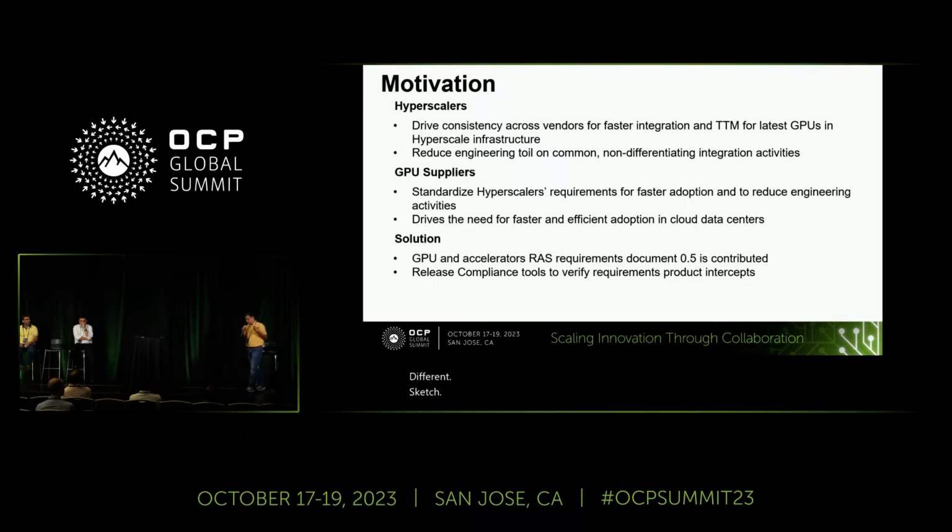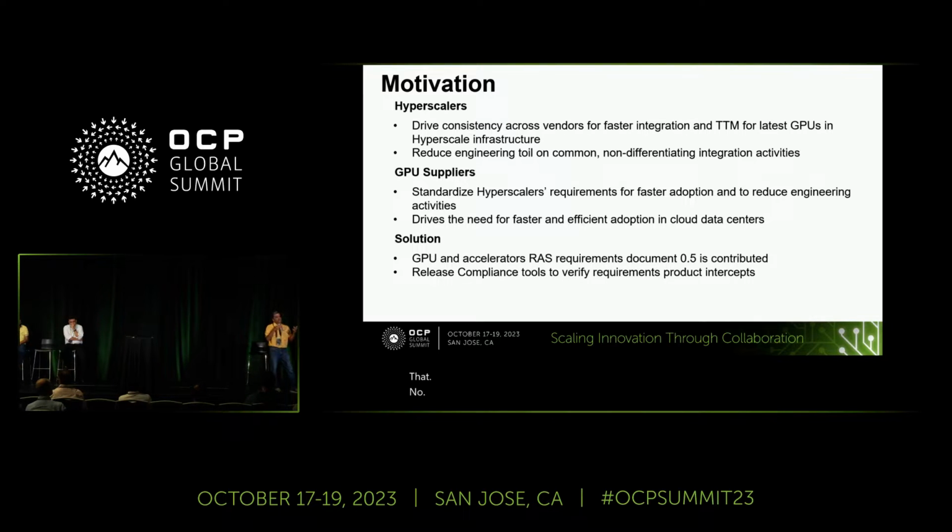From the NVIDIA perspective, we also want to ship GPUs to the marketplace at the speed of light. But working with hyperscalers, we figure out that there is no uniformity in the requirements that come to us. Every hyperscaler has their own pet peeves. They want to do certain things differently for whatever reason they have.